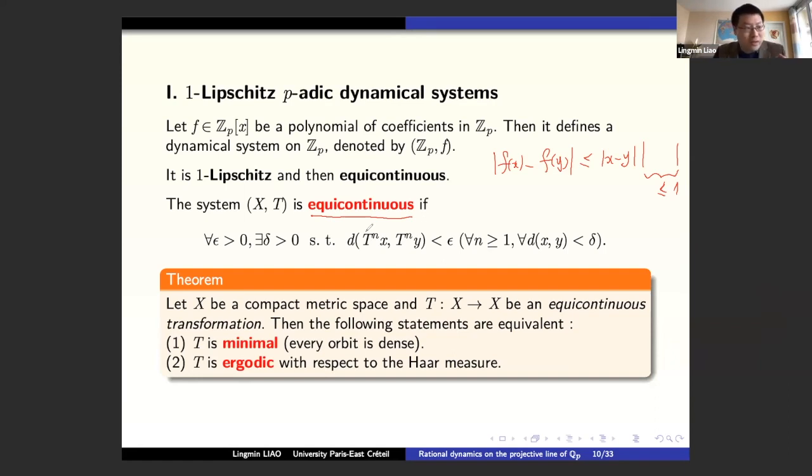A transformation is minimal. It's the same thing as ergodicity with respect to the Haar measure, so many people also call it ergodic. But for me, in this talk, I will always talk about minimality, but minimality is the same thing as ergodicity.